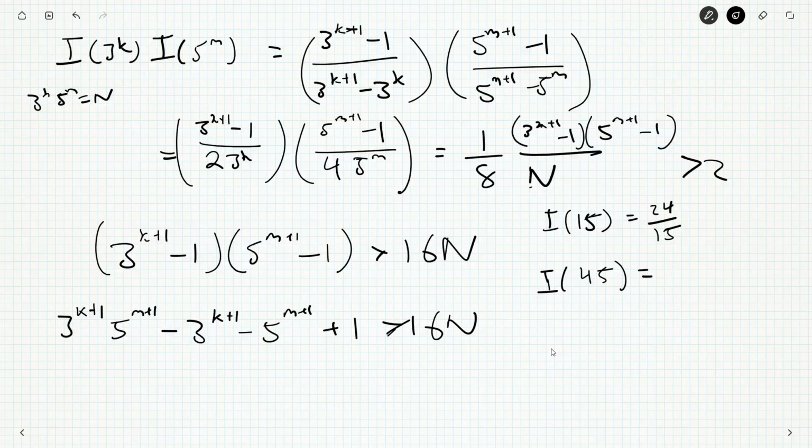So it's 78 over 45, 1.7. So it's getting higher. Now compare that to 75. So 1 plus 3 plus 5 plus 15 plus 25 plus 75. That's 124 over 75, and that is less than I of 45. So that does sort of support the theory that the bigger exponent has got to go on the smaller primes.